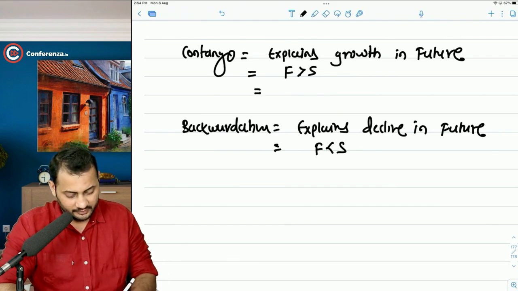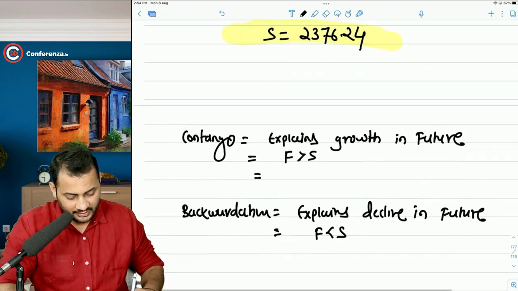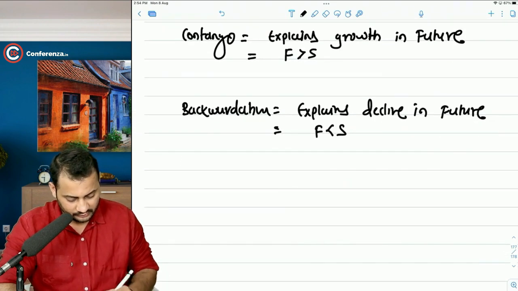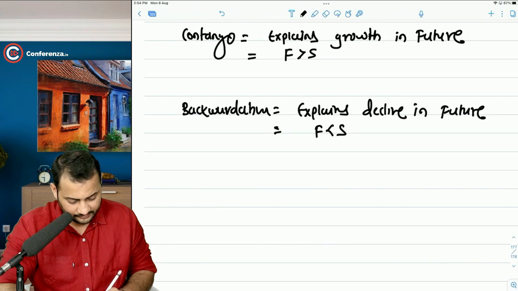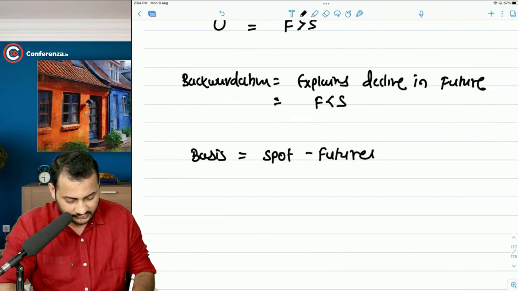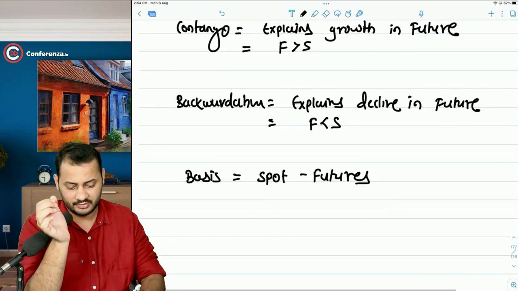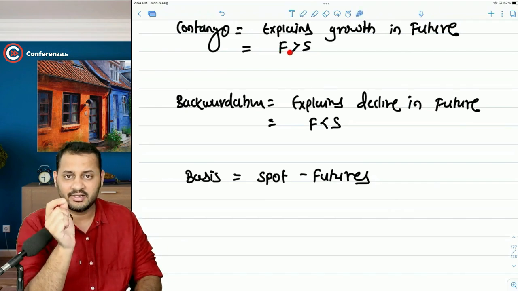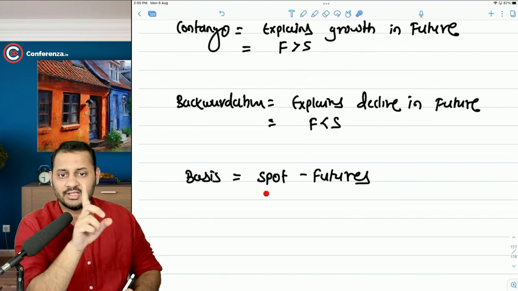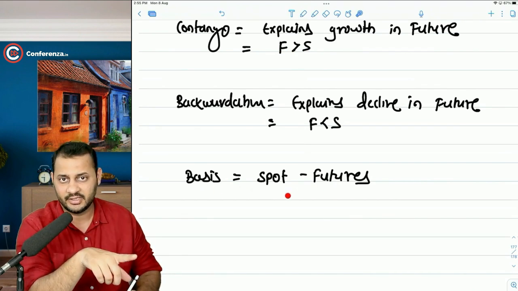So what happens is that contango and backwardation is calculated using a simple method called as basis. Basis is nothing but the difference between spot and the futures price. And understand, if the futures is greater than spot, the answer to the basis will be negative.